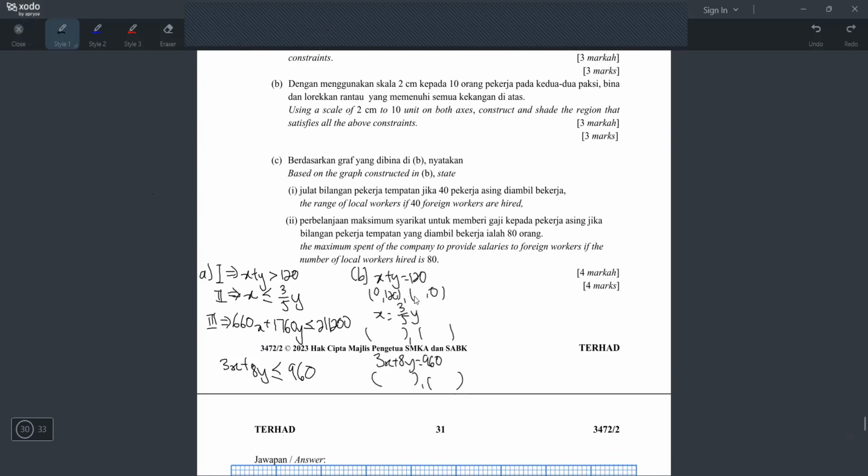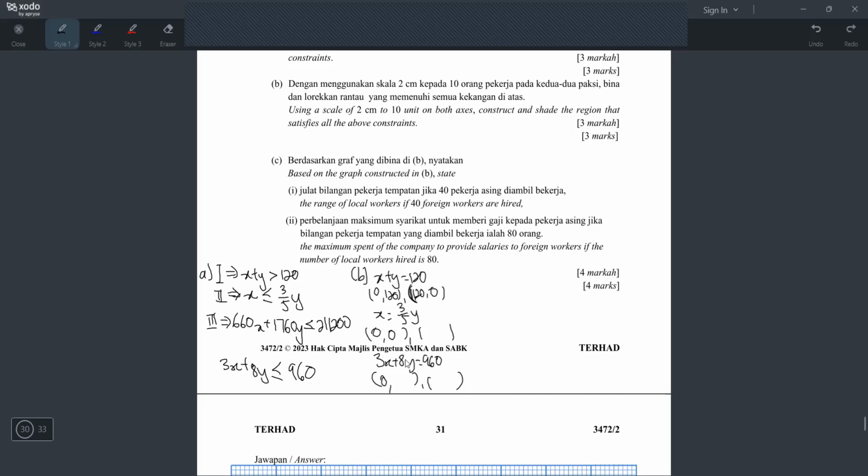When X is 0, Y is 120, and Y equals 0, X is 120 also, okay? But if later there is not enough space for me to plot, or the point I cannot plot, then only I change to another point. You can use whatever point you want. All right, next one, X equals 0, Y equals 0. If I put Y equals 0, I get X equals 0. So this one I don't find first, later I will find it. This one, when X equals 0, Y equals 960 divided by 8.